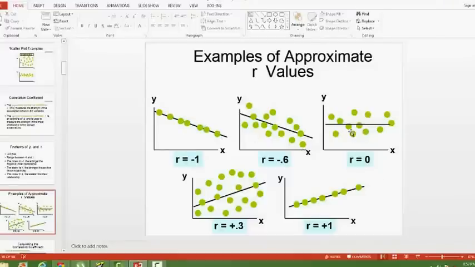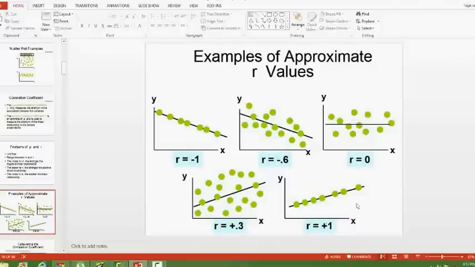Similarly, if the points are lying in a line parallel to the x-axis or y-axis. In this particular graph, points are lying parallel to the x-axis, but points could be lying parallel to the y-axis as well. In both cases, your correlation is 0.